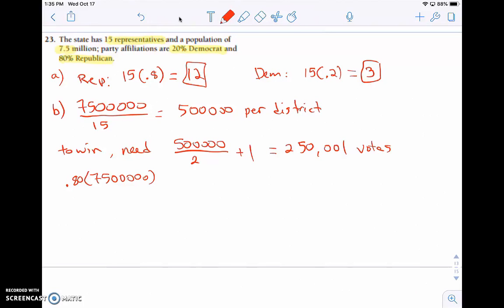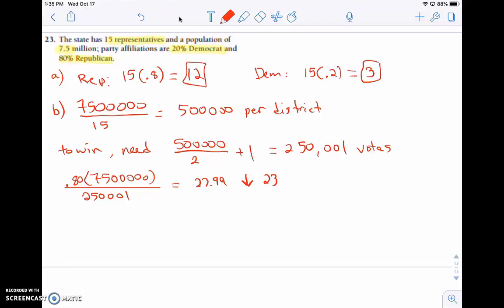That tells us the number of Republicans possible, and then we divide it by the minimum number of votes we need to win a district, which is 250,001. So this is 23.99, and if I round down, that's 23.